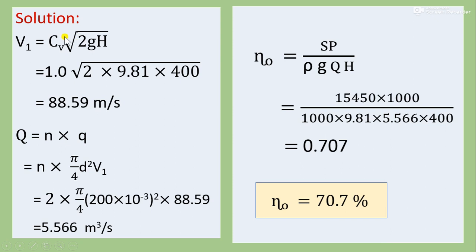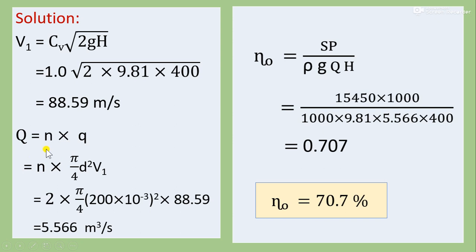So first use the formula V1 is equal to Cv into square root of 2gh. In this Cv and h are given, so putting the values we can calculate V1 in meter per second. As this problem is of number of jets, that is multi-jet, we can use here relation for the penstock discharge is equal to number of jet into discharge by 1 jet.